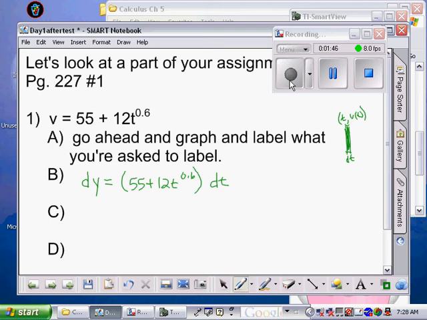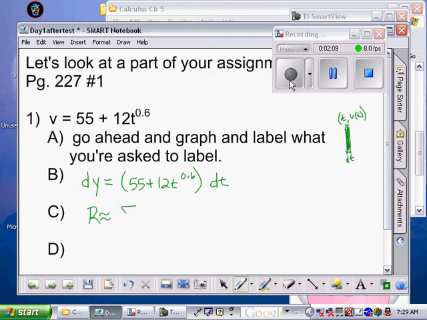Part C, write a Riemann sum for your approximate displacement y between A and B. Well, that's what we did on your notes page. So it doesn't tell us how many rectangles to use. It doesn't tell us whether it's left, midpoint, or right.